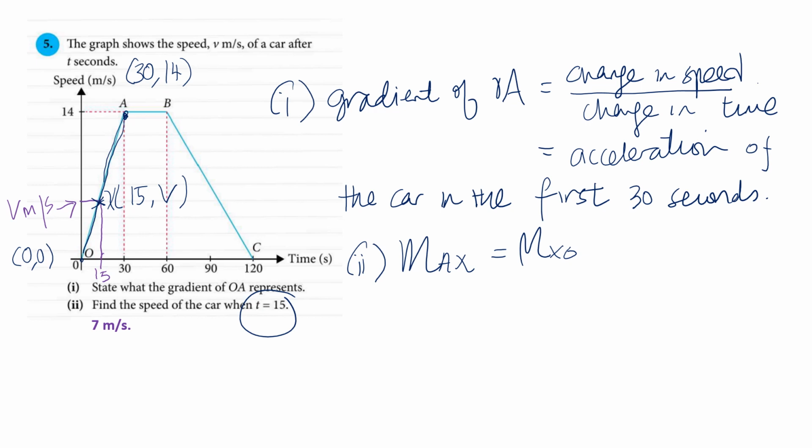So how do we find the gradient of AX? The gradient of AX will just be y2 minus y1 over x2 minus x1, which is 14 minus b over 30 minus 15.